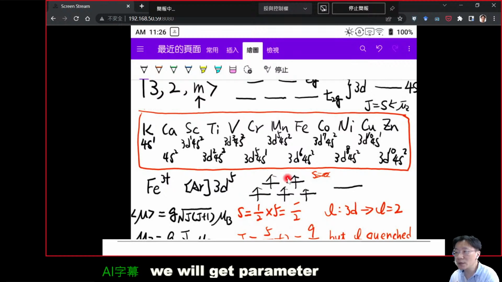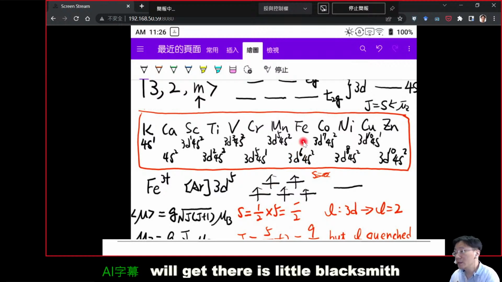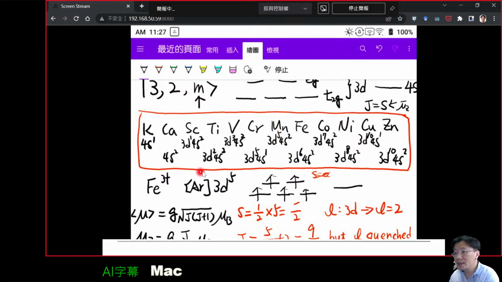So this one will give you the maximum magnetic moment along the z-axis. We can also find a similar case in divalent manganese, right? Divalent manganese will also have the electron configuration of argon 3d5.